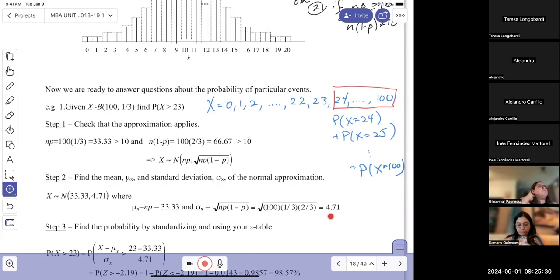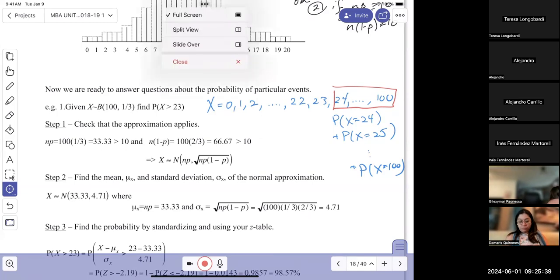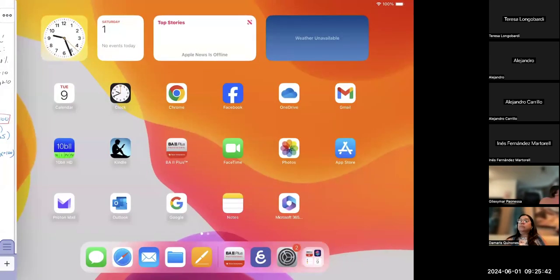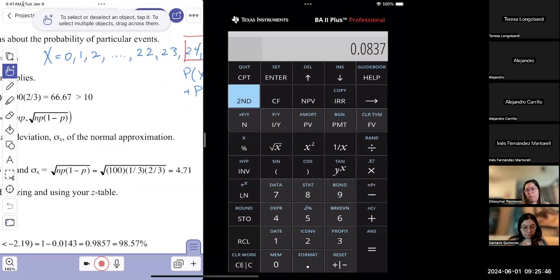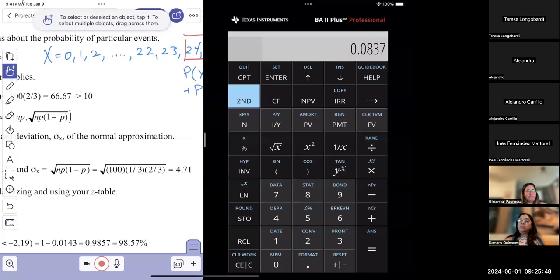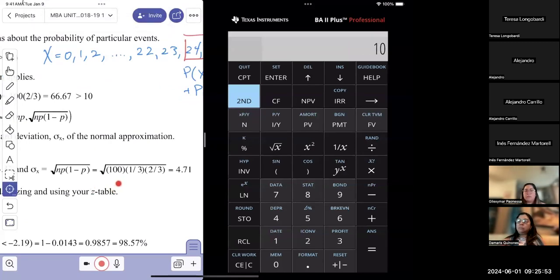Let me know if you get 4.71. I'm just calculating this: 100 divided by 3 times 2 divided by 3. That's how I see that. And the square root is 4.71. Does anyone need to see that again?